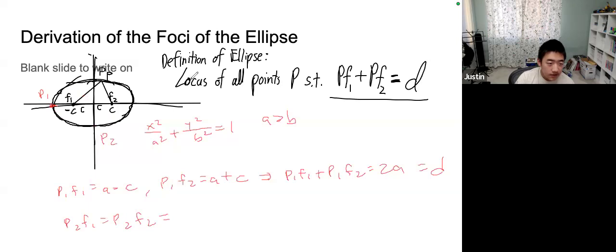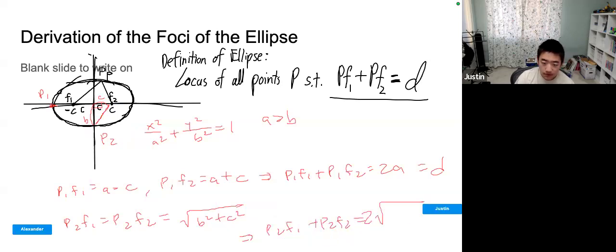This distance will be b, since that's the semi-minor axis, and this is c. Since this is a right triangle, we can use the Pythagorean theorem. So it's equal to the square root of b squared plus c squared, which means P2F1 plus P2F2 equals 2 times the square root of b squared plus c squared.